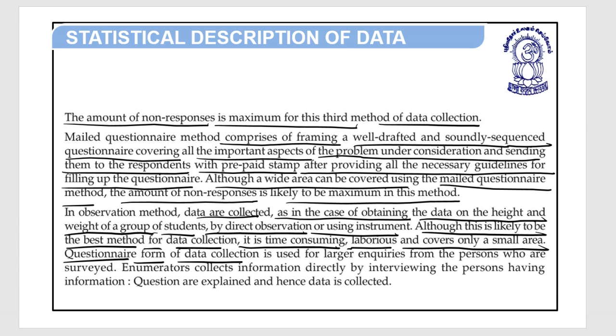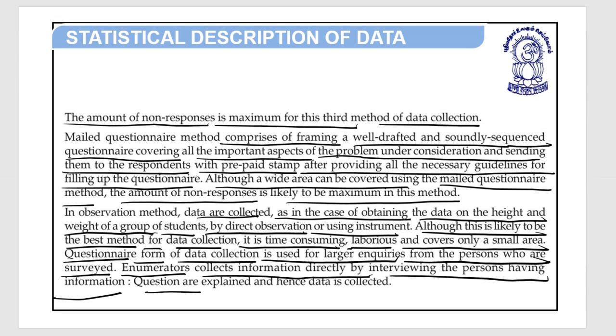Questionnaire form of data collection is used for larger inquiries from the persons who are surveyed. Enumerators collect information directly by interviewing the person having information. Questions are explained and hence data is collected.